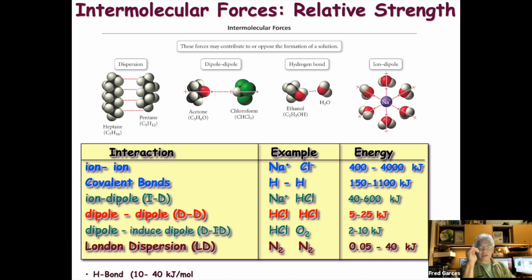Then you can have hydrogen bonding. Whenever you check off hydrogen bonding, you better check off dipole-dipole and London dispersion force, because chemicals that have hydrogen bonding are also polar. And then they have electrons, so they have London dispersion force. If the chemical doesn't have hydrogen bonding, but it's polar, then it's got dipole-dipole, and it also has London dispersion force. All chemicals have London dispersion force. So you should always check mark that off.